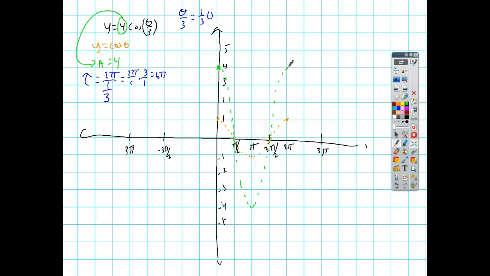I want to get this done by 6 pi. So where am I going to get this done? Where is 6 pi on my graph? It's not on the graph.